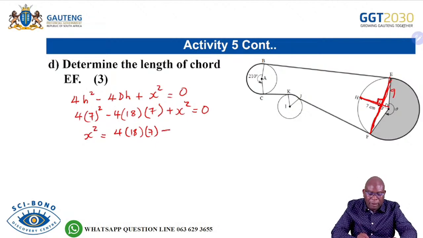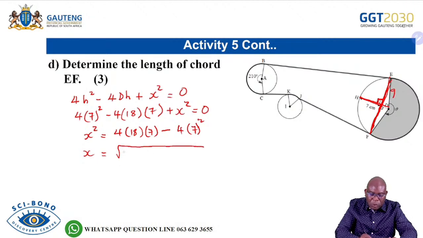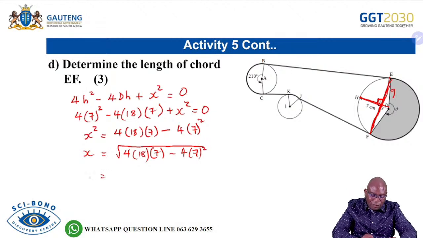And then I have minus 4 into 7 squared. Then I need the value of x, which means that everything there must be inside the square root. I'm just doing it the long way here. And then I'll have the value of x.